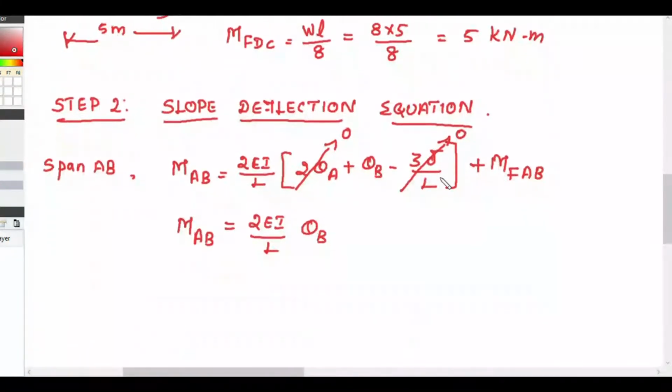So we write minus 6. Sorry, we have to substitute L also. For the span AB, the length L is 6 meter. So this is our equation number 1.